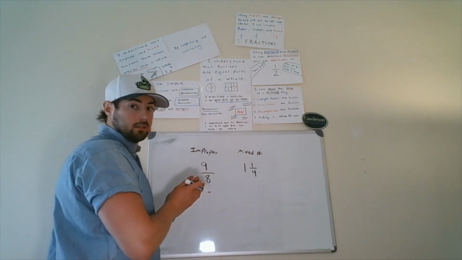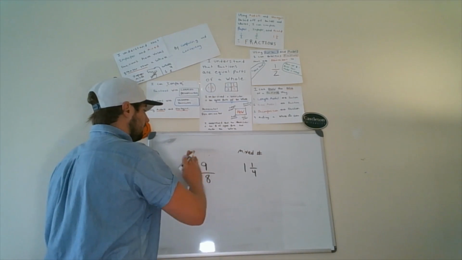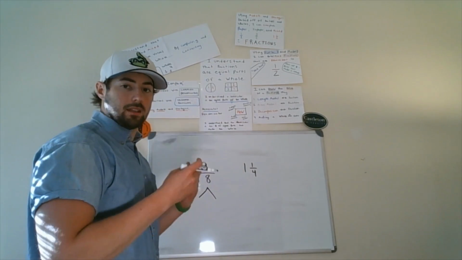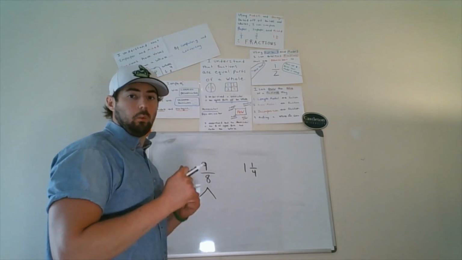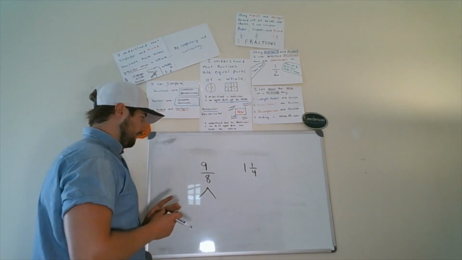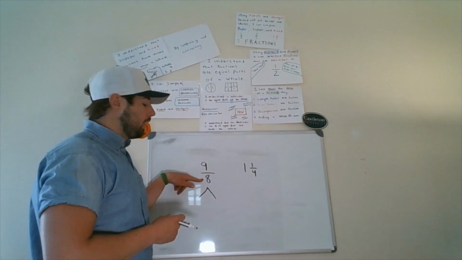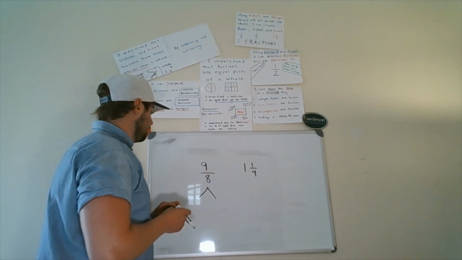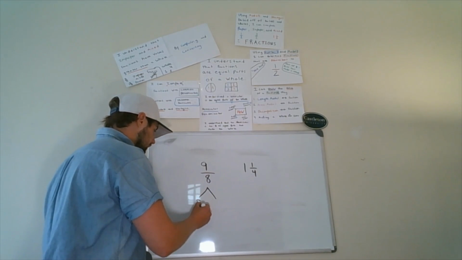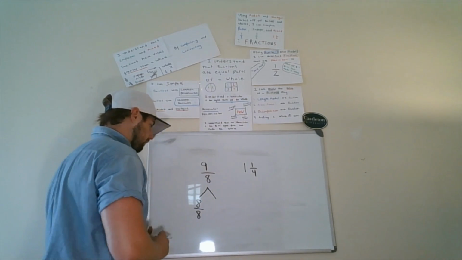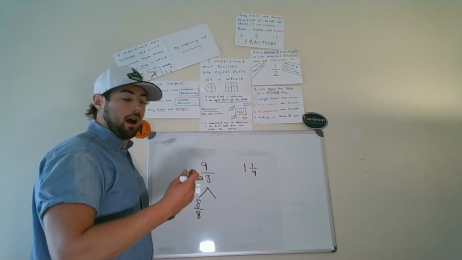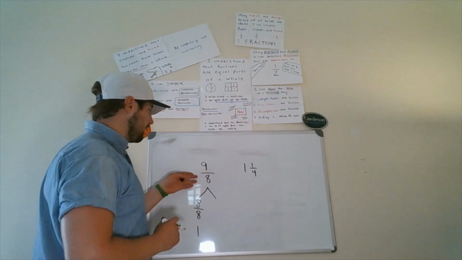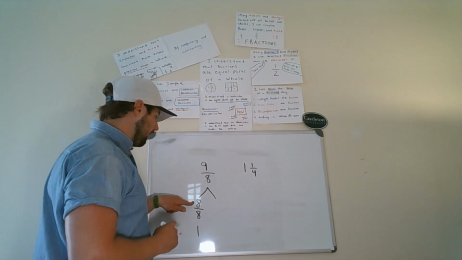To do that, we again need to decompose, starting with what makes that whole. Always thinking about what makes the whole when we're working with fractions. I know I'm working with 8s. 8 parts makes the whole in 9/8. So that means 8/8 will make our whole. But we don't have 8/8 here. We have 8 parts.